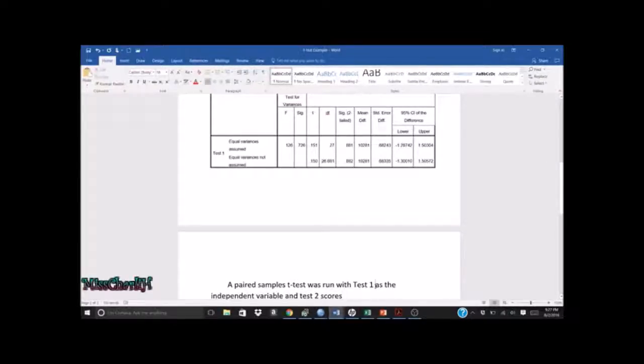Test 1 scores as the independent variable, and test 2 scores as the dependent variable.